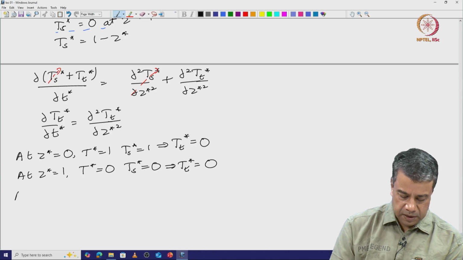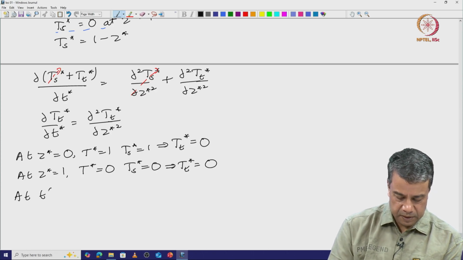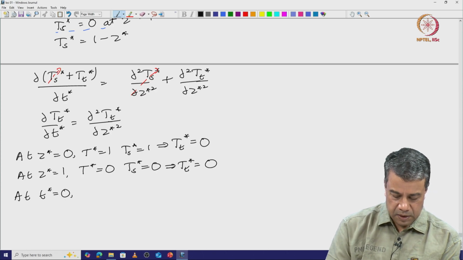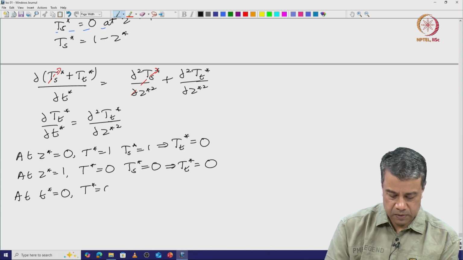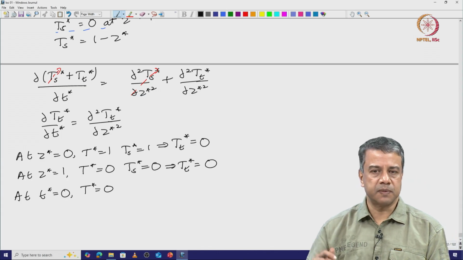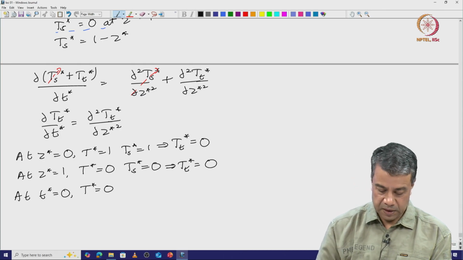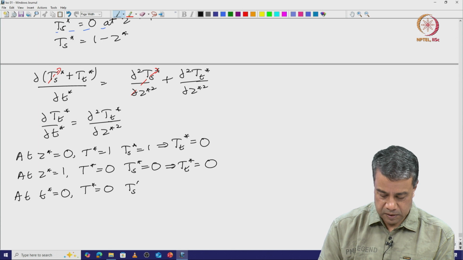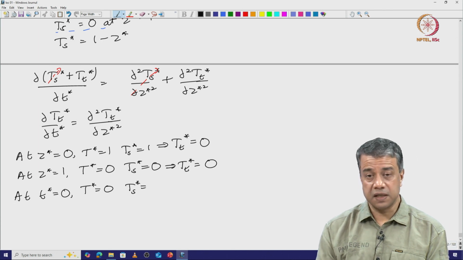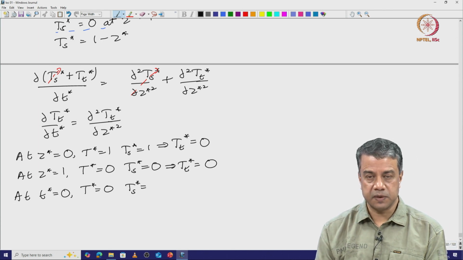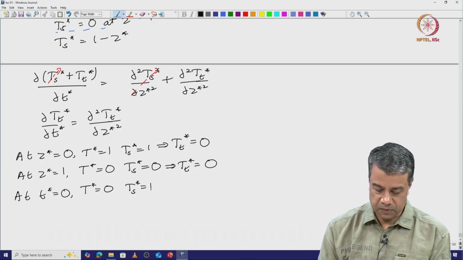And at initial time, the total temperature is equal to 0. At initial time, just before you increase the temperature of the bottom, the total temperature is equal to 0. The steady temperature is independent of time, therefore, this is equal to 1 minus z star.